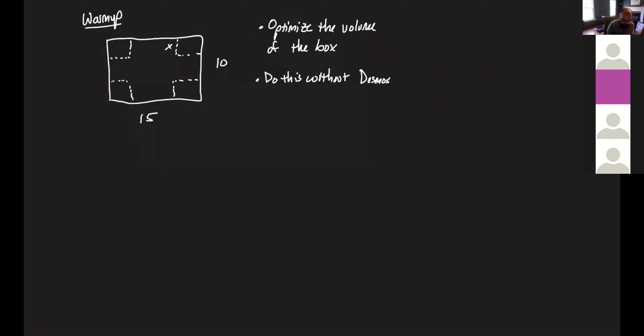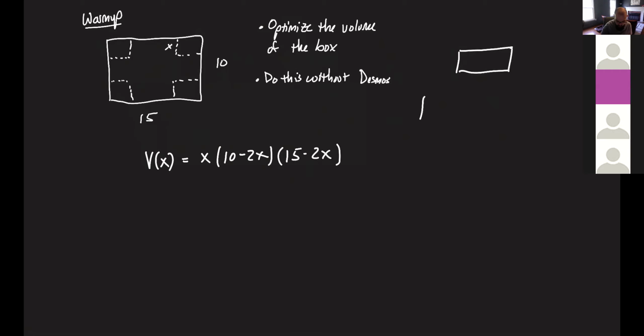And so if we remember, our volume function was this, right? So it was x times 10 minus 2x and then 15 minus 2x. Okay, so we had this, and then we plugged it into Desmos. Where this came from was, when we created our box, we had a box that looked something like this, after we fold up our sides.